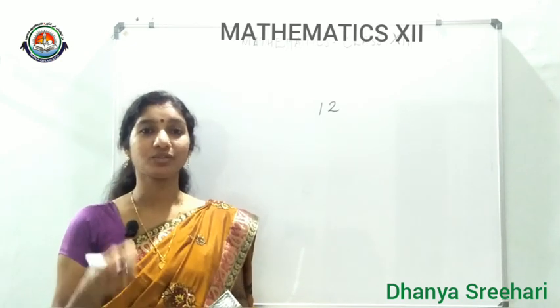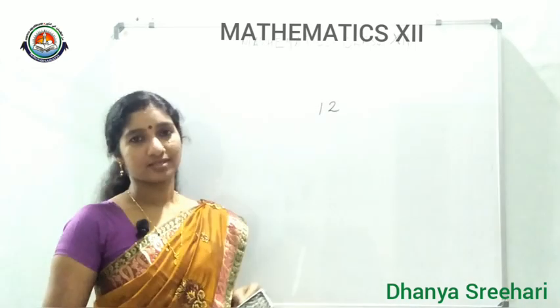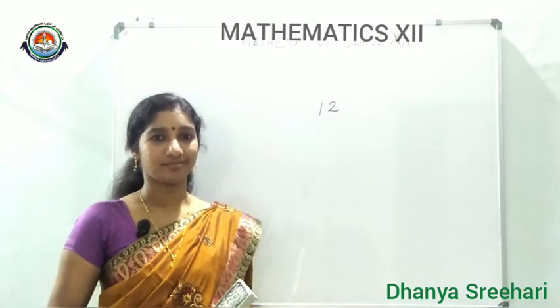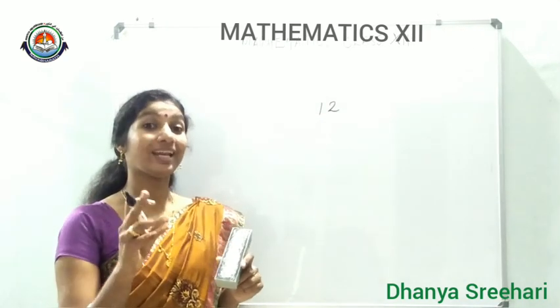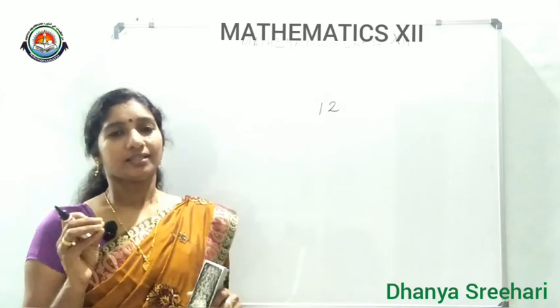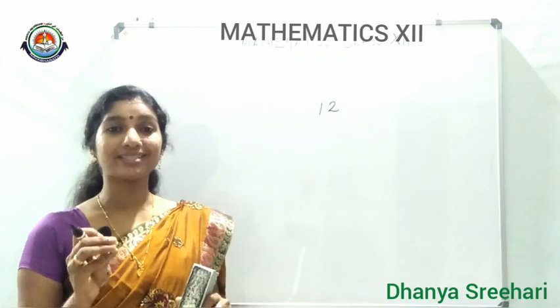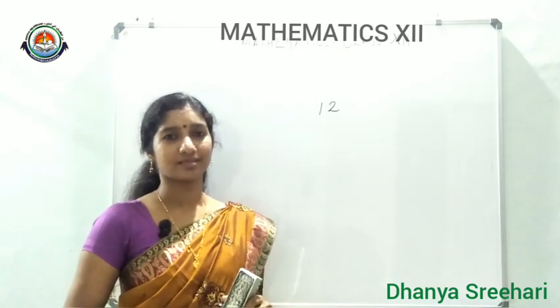How many different ordered matrices are possible when the number of elements of the matrix is 12? Not 12 matrices, 12 elements in the matrix. If there are 12 elements in the matrix, how many ways can we make the orders of the matrix?